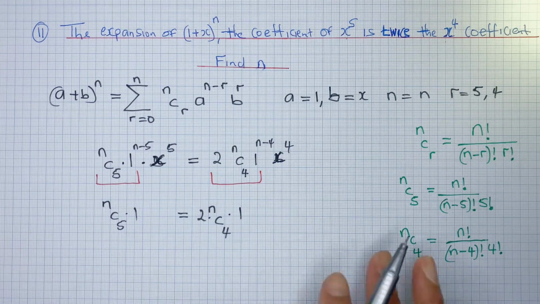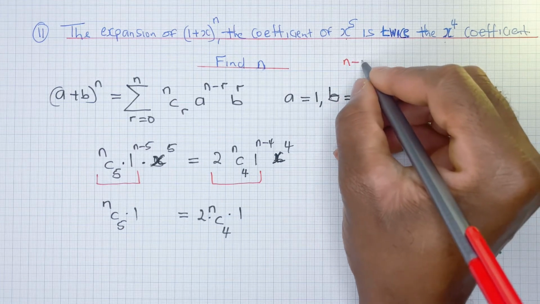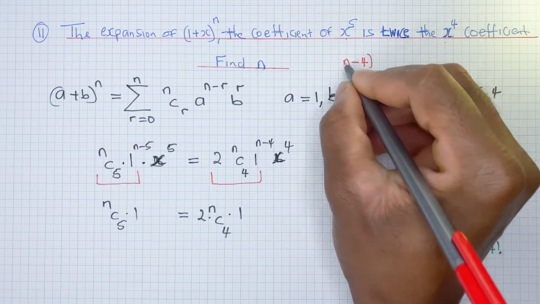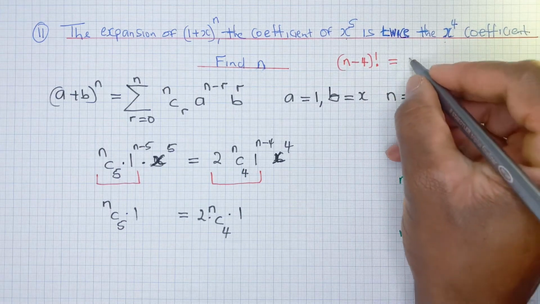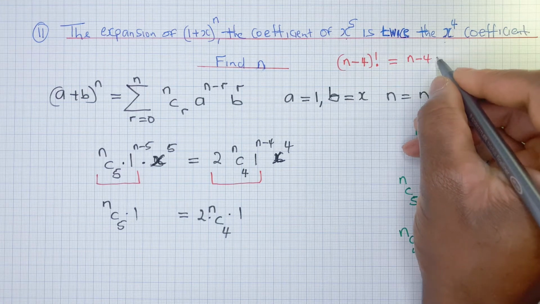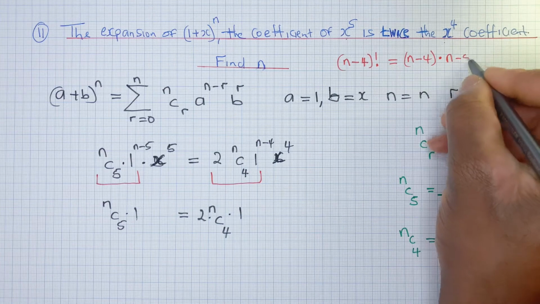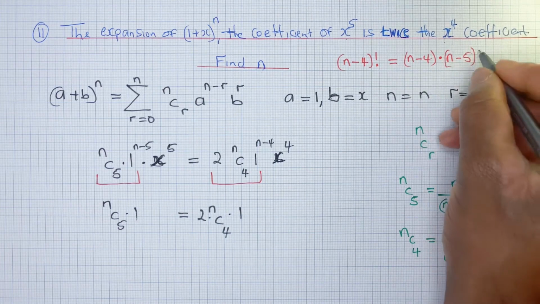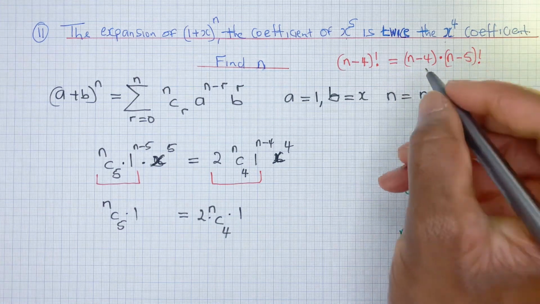So we need to put this here. n minus 4 factorial can also be written as n minus 4 times n minus 5 factorial. Let's give an example.